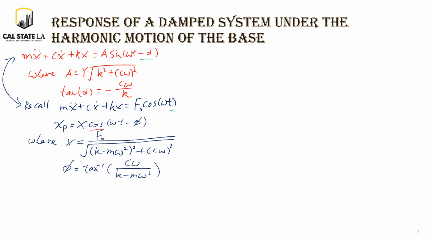So now it implies that for us to find the particular solution, in addition to this, it'll need another phase angle, which is a negative alpha. By comparing the two, we can find the particular solution xp(t) that has a form of X times cosine omega t.